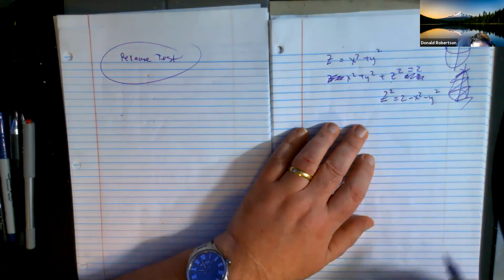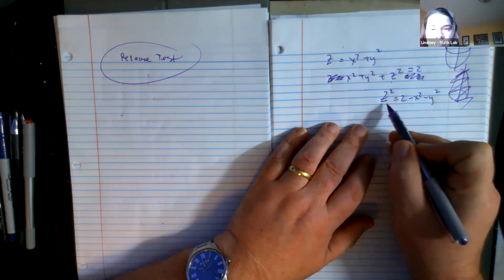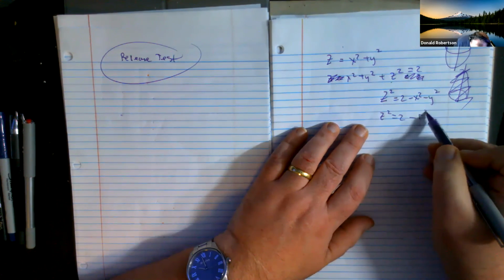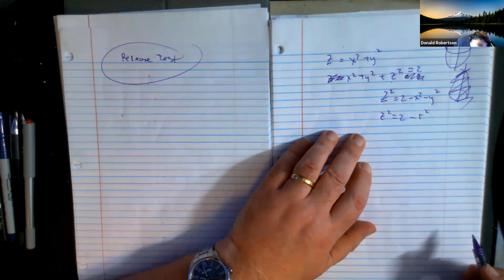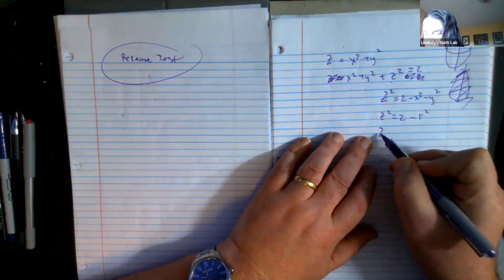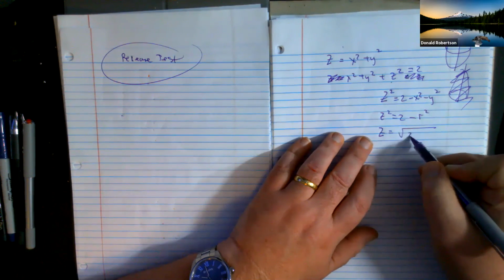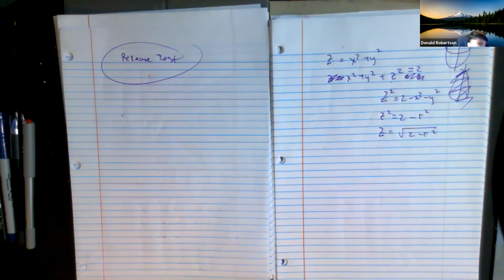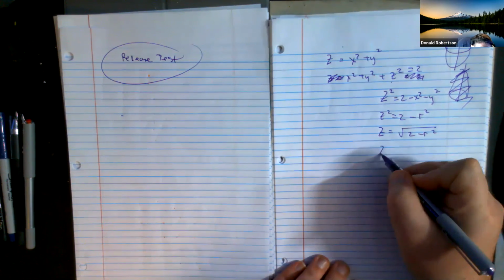Agreed? And that guy becomes that guy. Agreed? Is that okay when we're in cylindrical coordinates? That I find z like that. And what's the other fella going to be? It's going to be what, r squared?